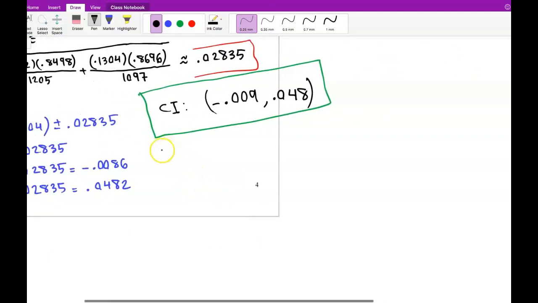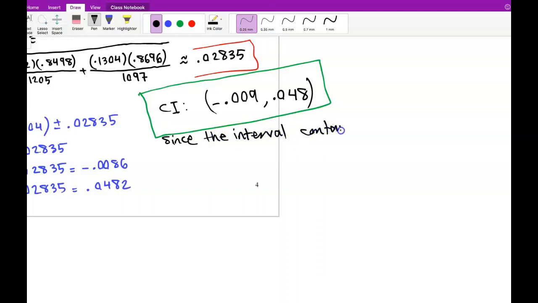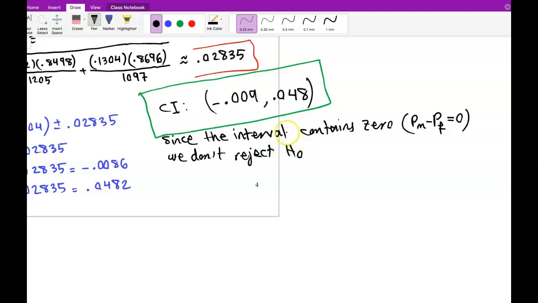Okay, I'm writing that in words. Since the interval contains zero, what that 0 was is the difference between these two. Since we have that 0 in this interval, we don't reject the null.